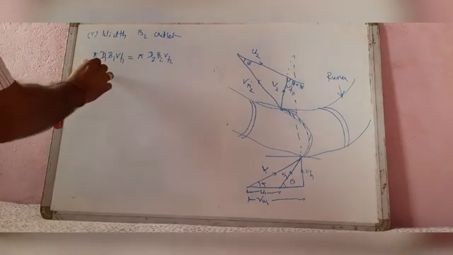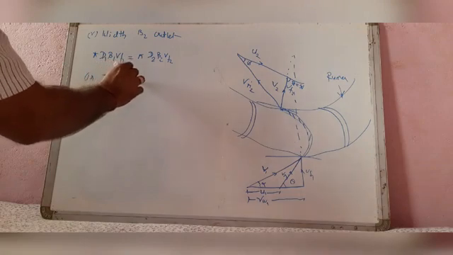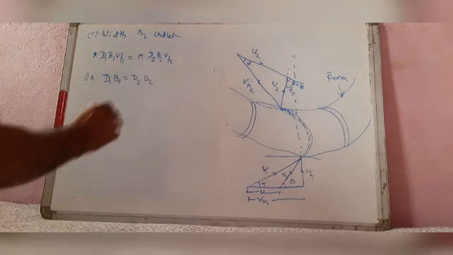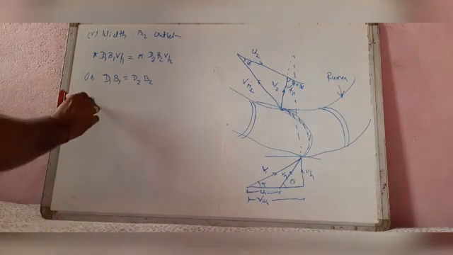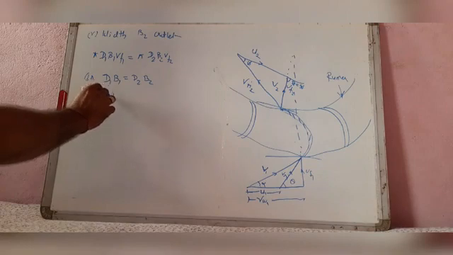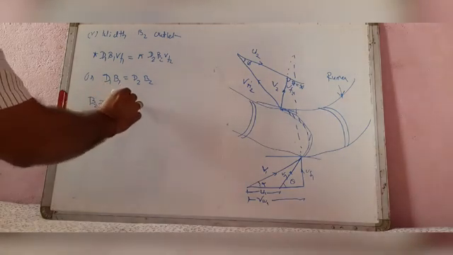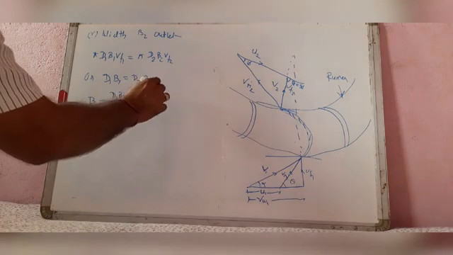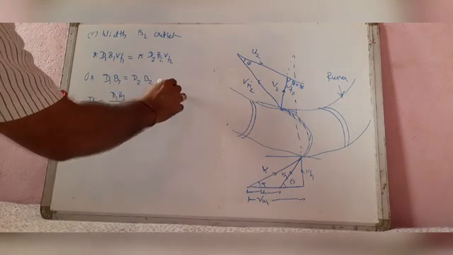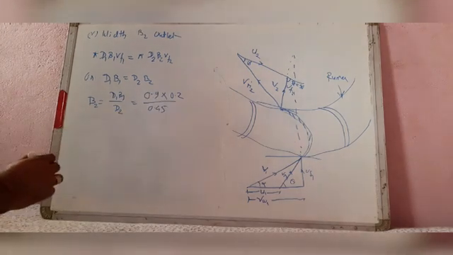So B2 equal to D1 B1 by D2, that is 0.9 into 0.2 by 0.45.